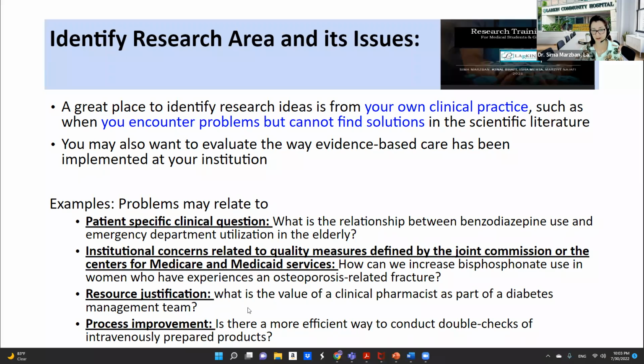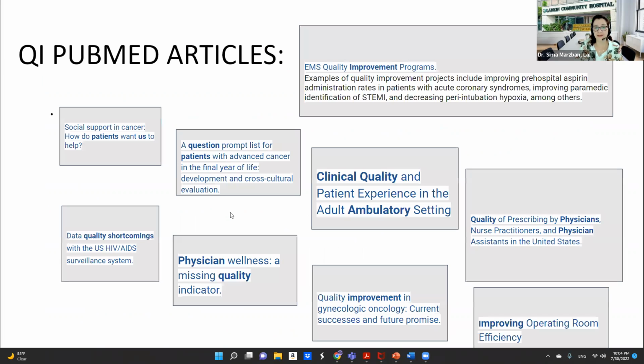Resource justification about the number of people and teams working in that specific area. Or process improvement. So again, let us review that process: after the area of research, you should find issues under that area. And then you should develop research questions that solve those issues under the research area and research topic. This way you can develop your research topic.